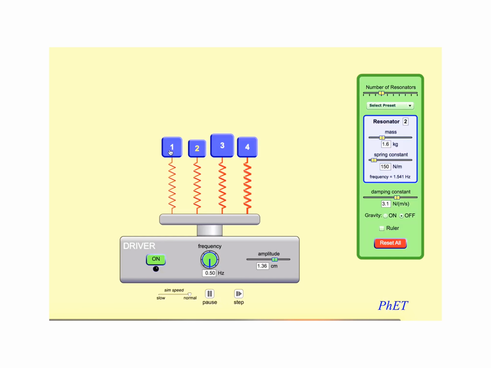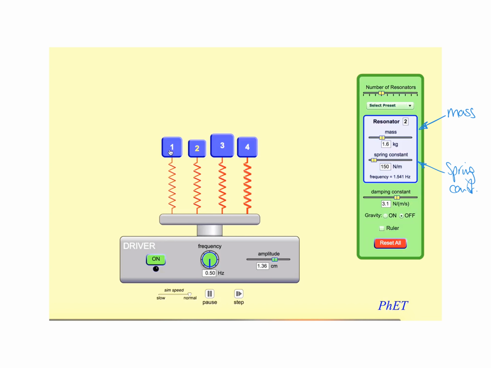So here is the PhET animation, which will take us through in more detail exactly what's going on. Let me just draw some attention to what we've got going on here. We've got 4 different systems. In each system we have the mass shown, which I can control, and the spring constant, which is k.